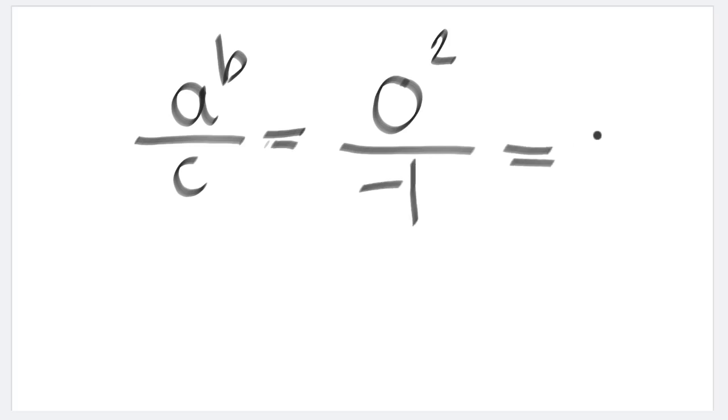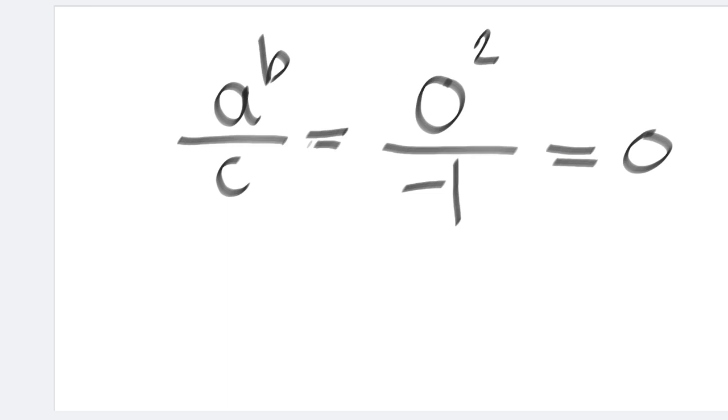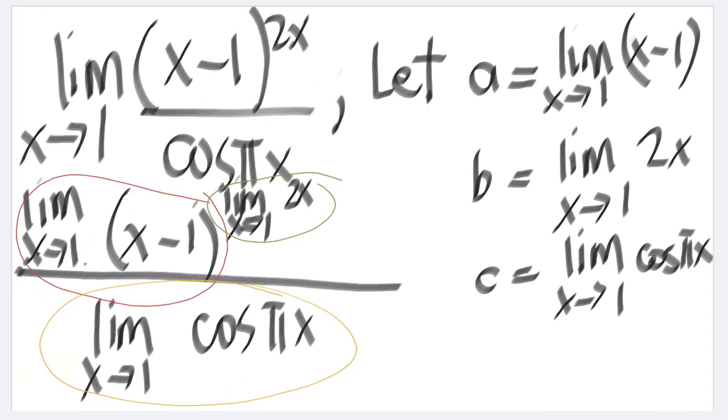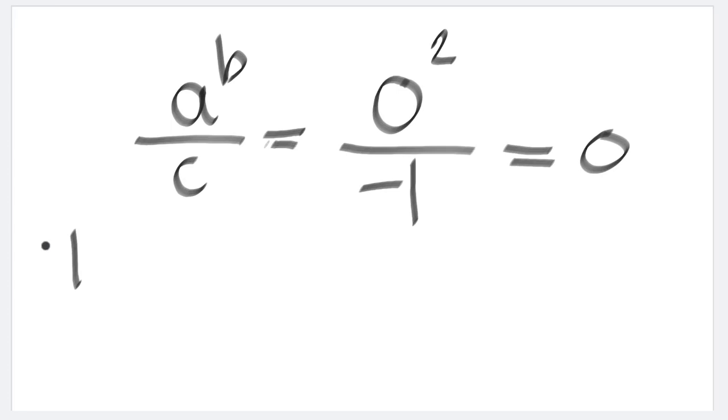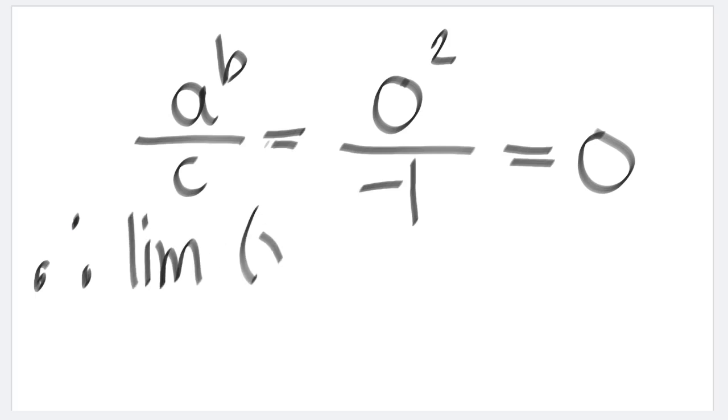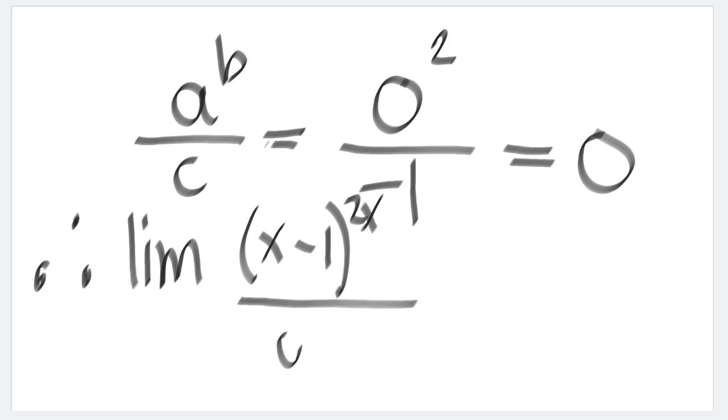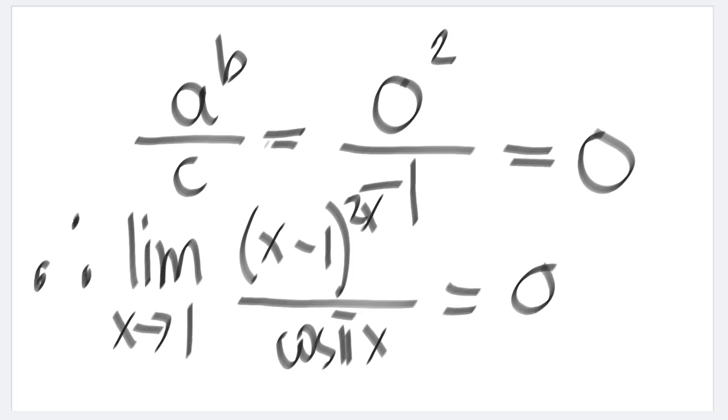And that is equal to 0. So therefore, by utilizing the properties of limits, the limit of x minus 1 raised to 2x over cosine pi x as x approaches 1 is also equal to 0.